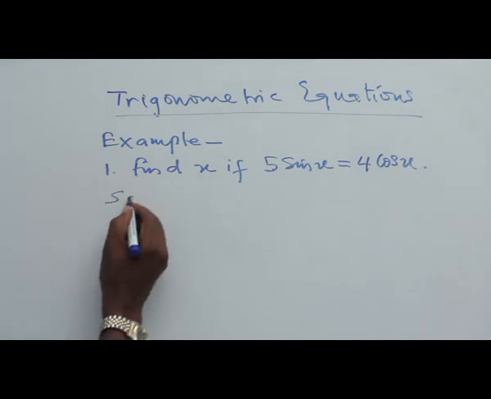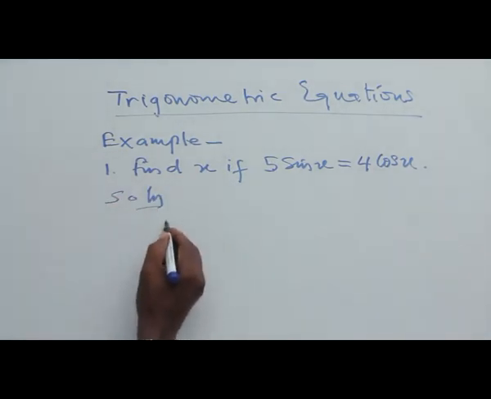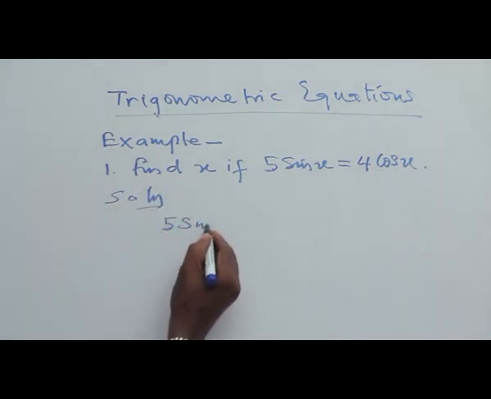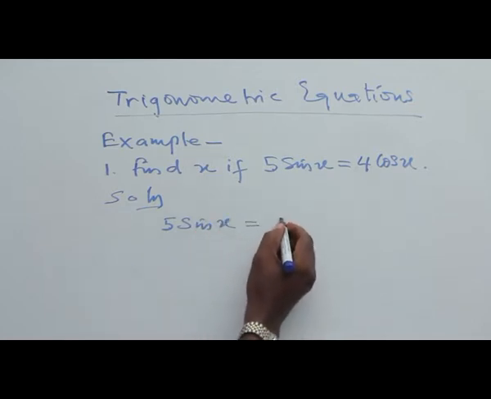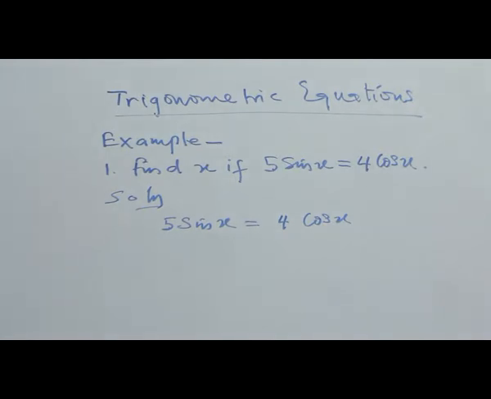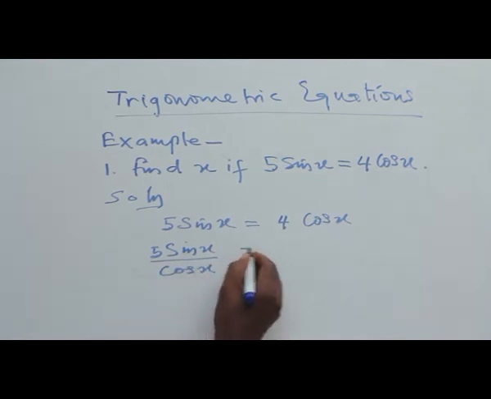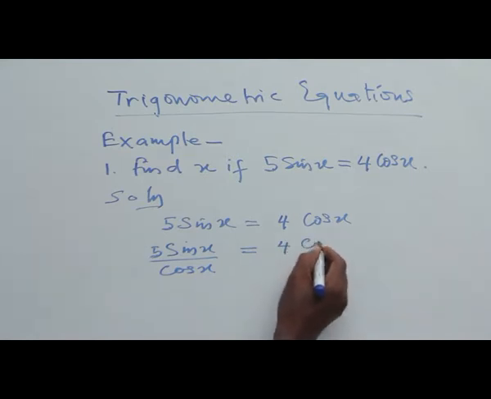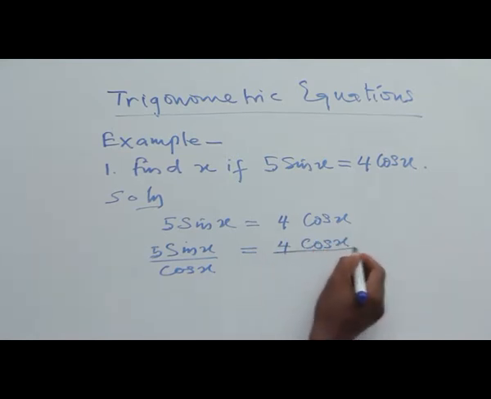Our solution to this problem, we have 5 sin s equal to 4 cos s. Now, if we divide both sides by cos, we have 5 sin s all over cos s equal to 4 cos s all over cos s.